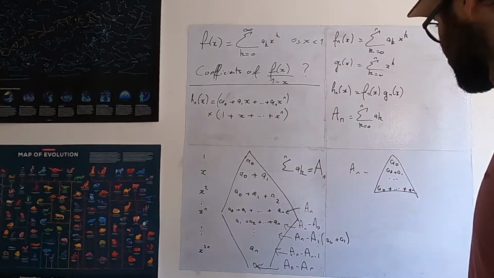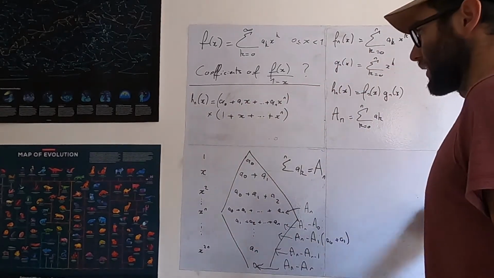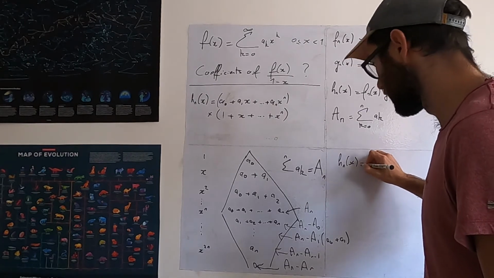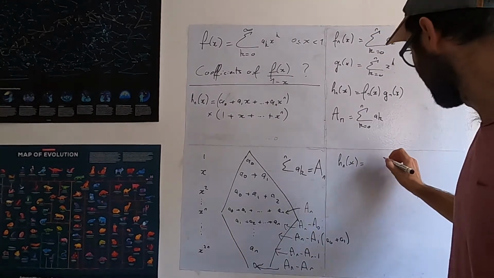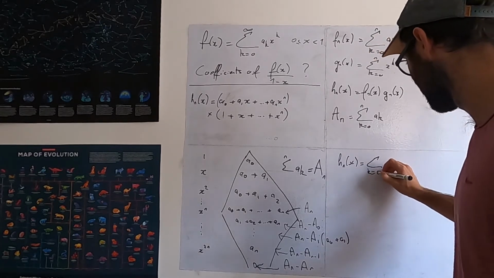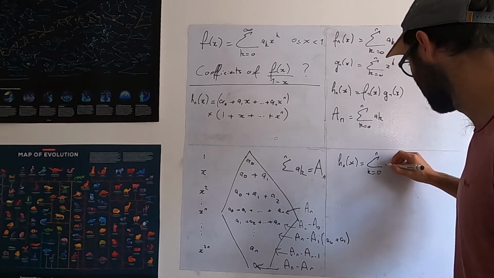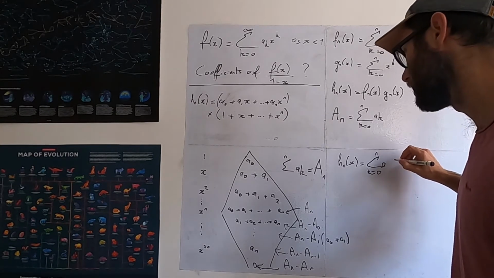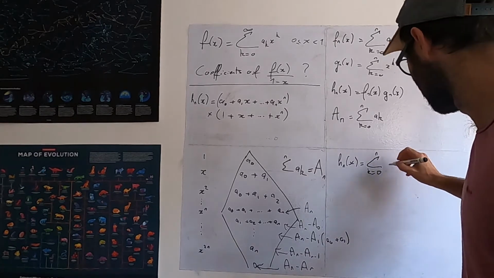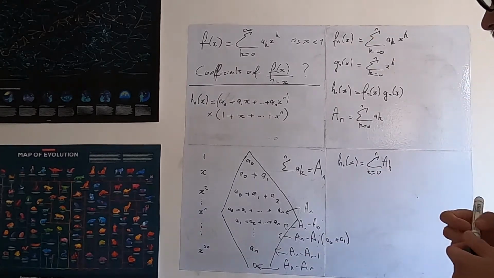So let's try to write this down. What we have when we develop this is hn of x is equal to the sum from k equals 0 to n of the Ak x power k.